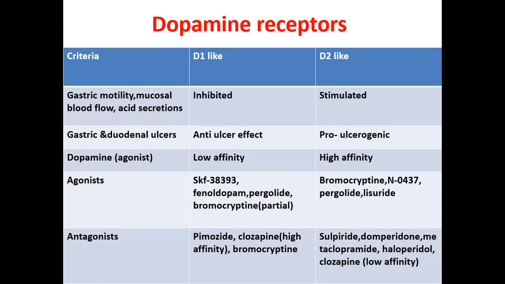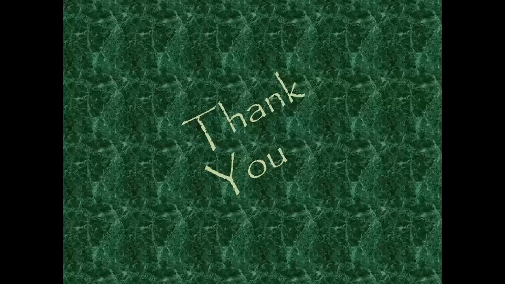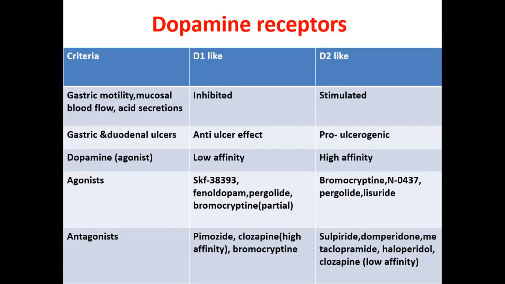Then we have D2-like antagonists like sulpiride, domperidone, metoclopramide, haloperidol, and clozapine, which has low affinity. At D1-like receptors clozapine has high affinity, and at D2-like receptors clozapine has low affinity. So clozapine has activity at both D1-like and D2-like receptors, with high D1 affinity and very low D2 affinity.